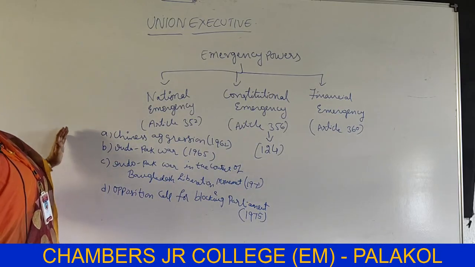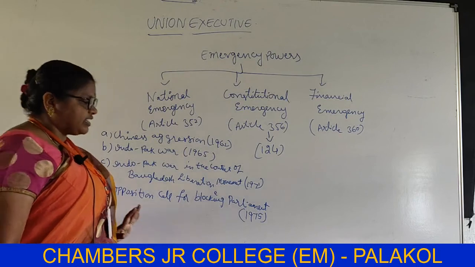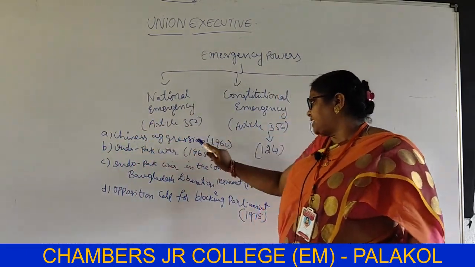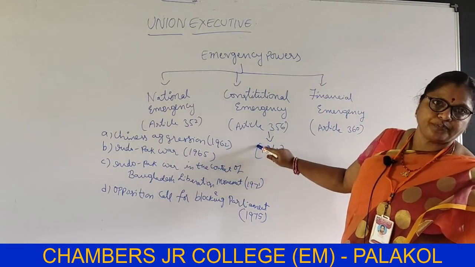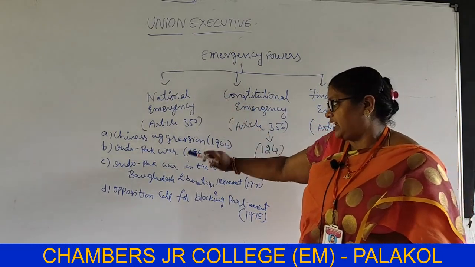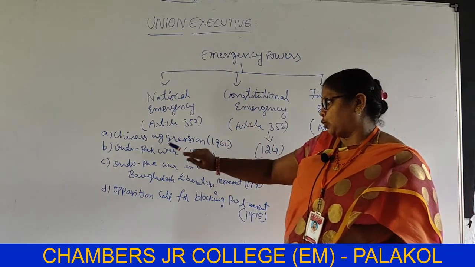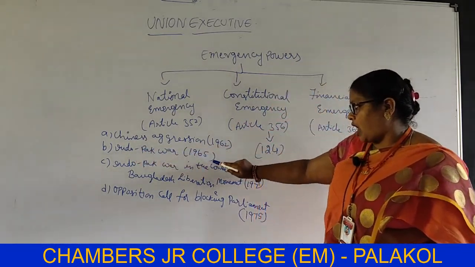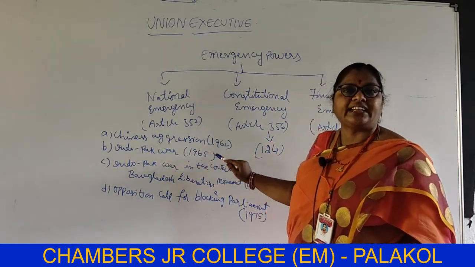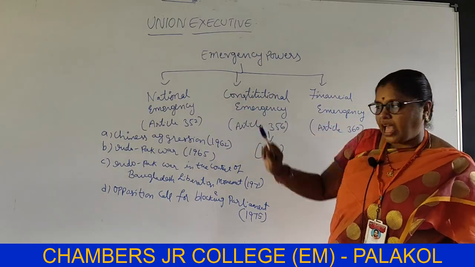And so far, how many times was the national emergency proclaimed in India? First, Chinese aggression in 1962. At that time, they announced a national emergency. Then the Indo-Pak war in 1965, they announced a national emergency.